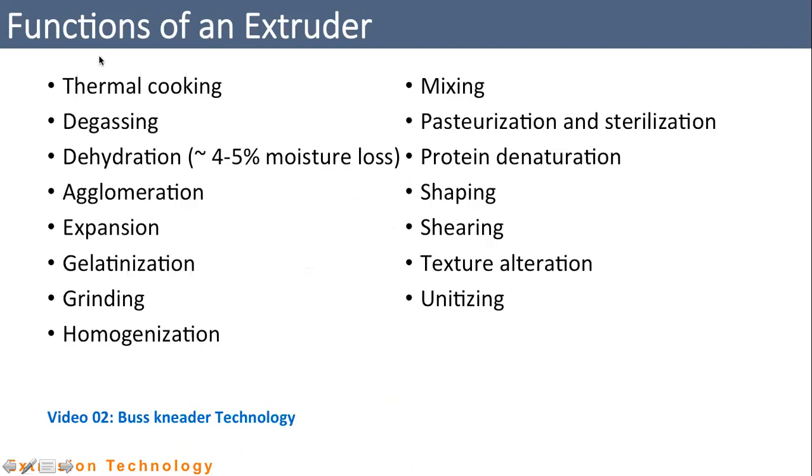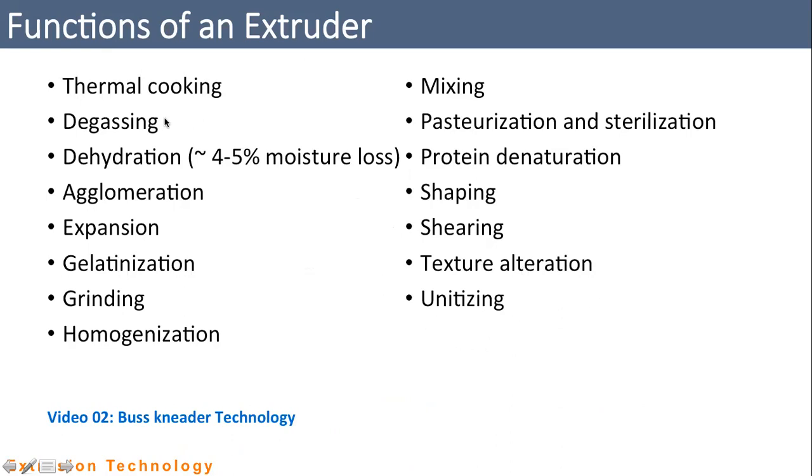There are some functions you can see: thermal cooking, degassing, dehydration, agglomeration, expansion, gelatinization, grinding, homogenization, mixing, pasteurization and sterilization, protein denaturation, shaping, shearing, texture alteration, and you know that we can get different shapes of food products, and unitizing.